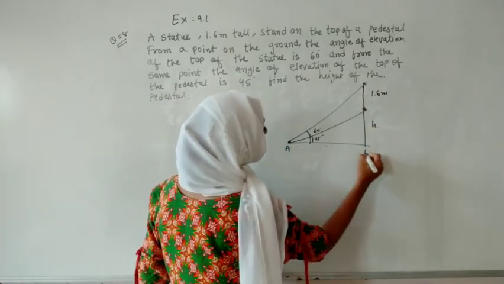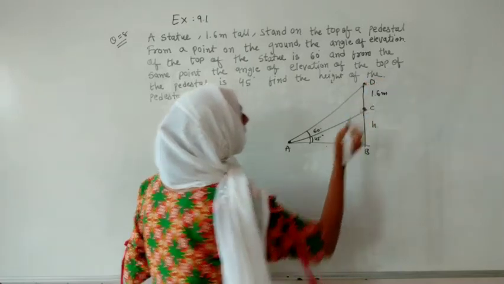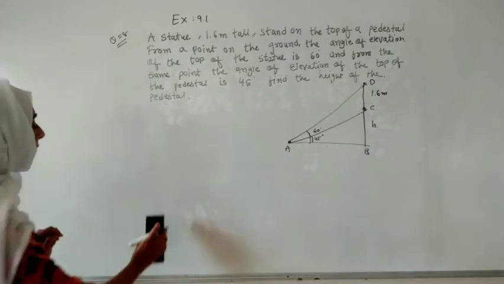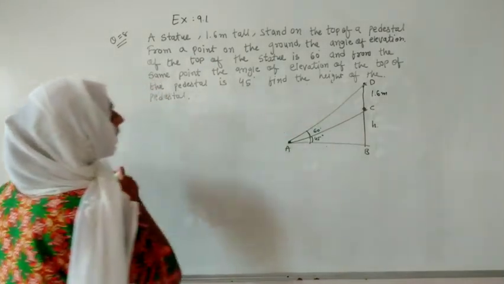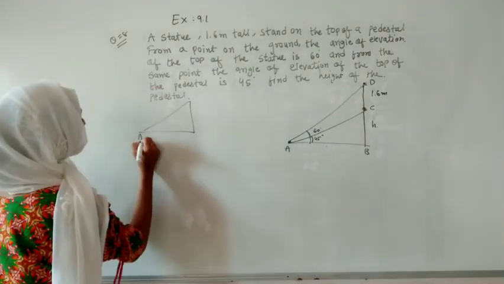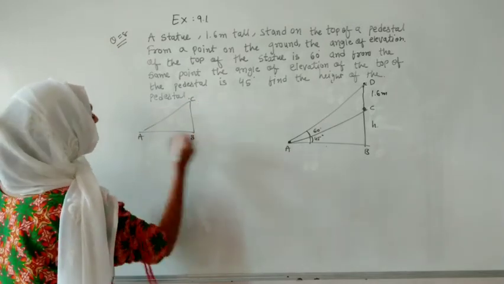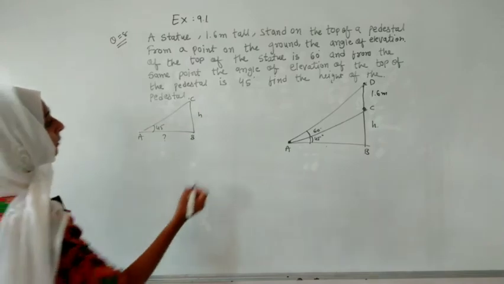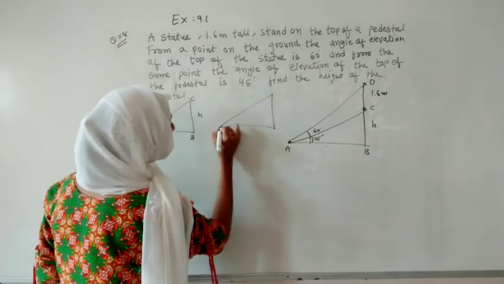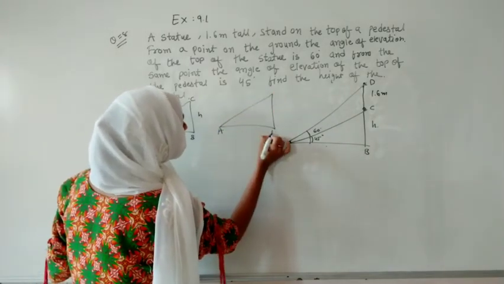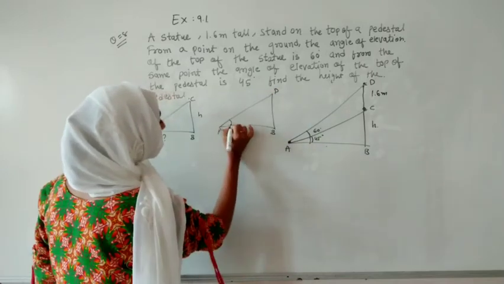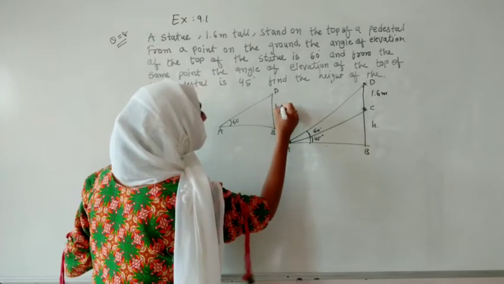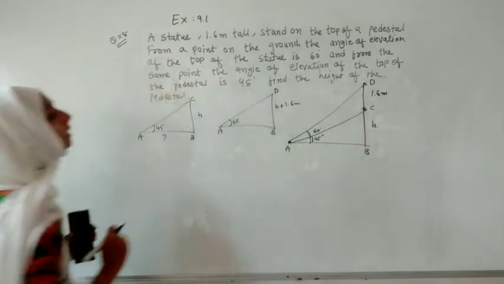Let me name the points A, B, C, D, and here again we have to work on two triangles. So which two triangles? One is triangle ABC. In that, theta is 45 degrees and this height is H. We do not know AB. And the second figure is ABD. In that, theta is given as 60 degrees and the height will be H plus 1.6 meter.